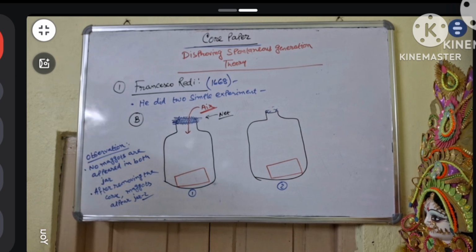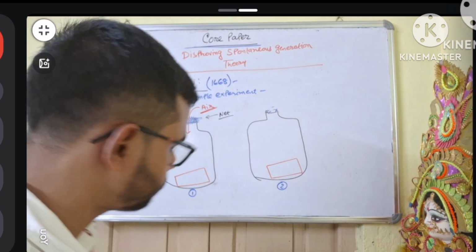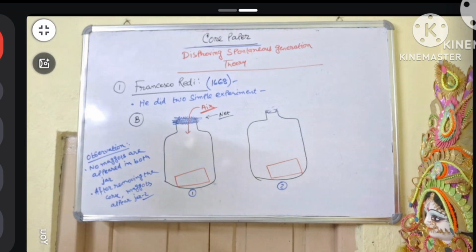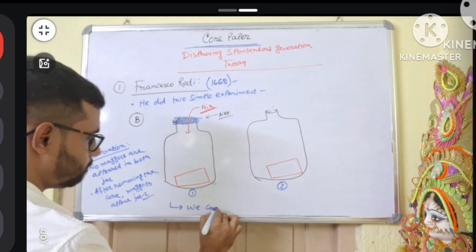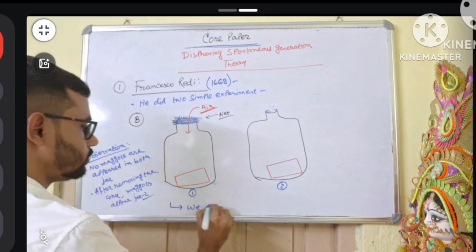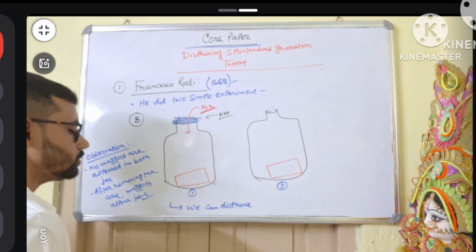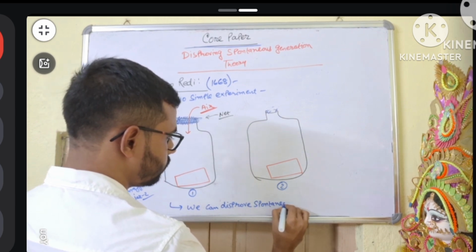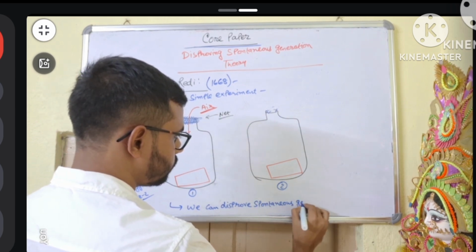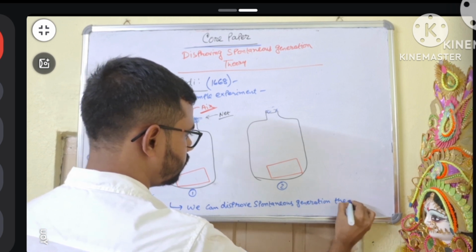So from this experiment we can disprove this spontaneous generation theory, yes or no? Yes. From experiment number 2, we can disprove the spontaneous generation theory.